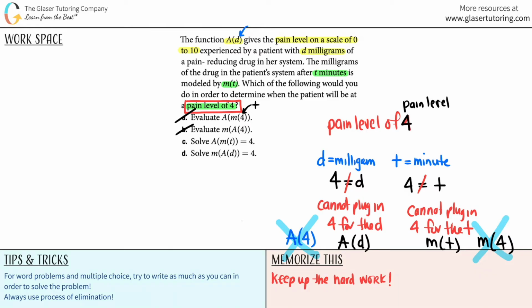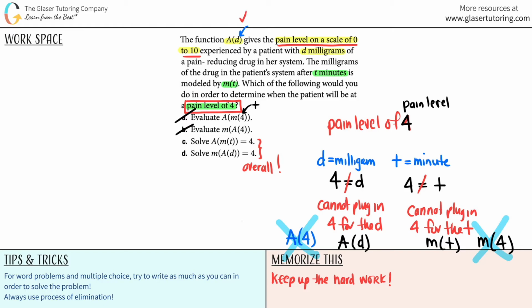And it makes sense because they're saying, at the top, function A of D gives the pain level on a scale from 0 to 10. And then they said, which of the following would you do in order to determine when the patient will be at a pain level of 4? So I know that it has to equal 4. Now, which one overall goes with the pain level? That's the overall function, right? Does the A function go with pain level, or does the M function go with pain level?